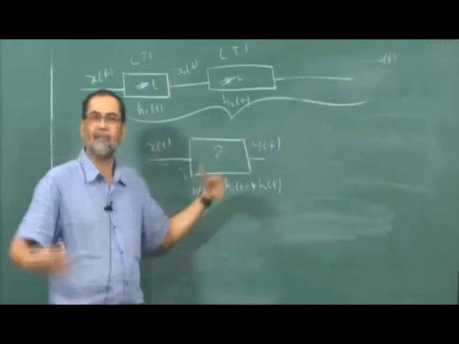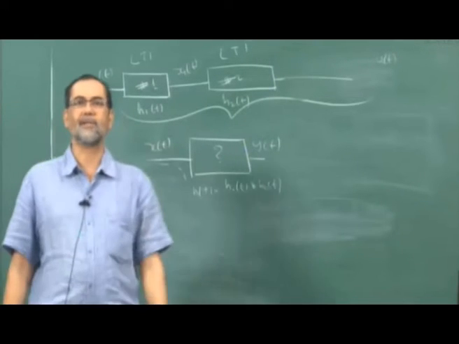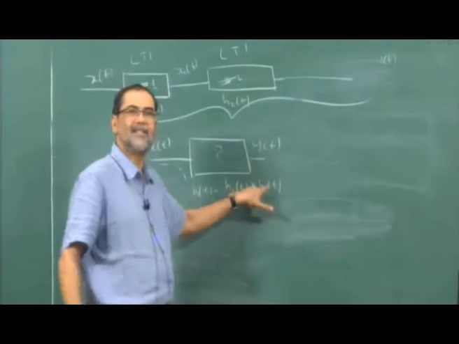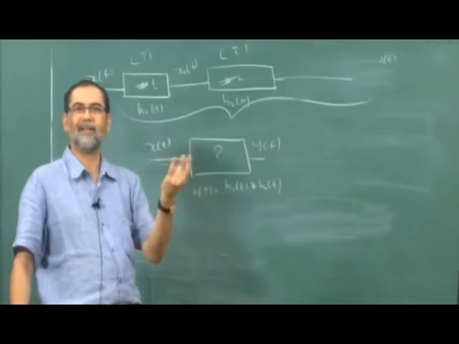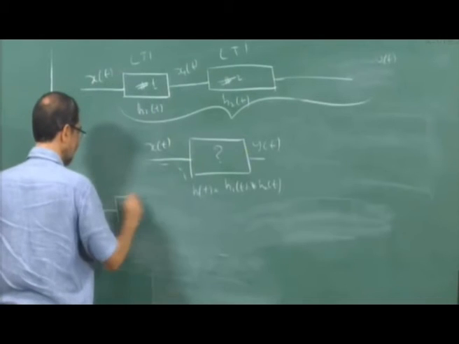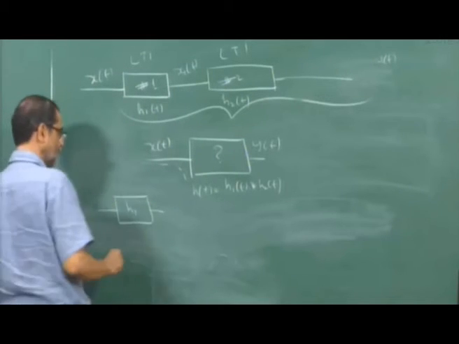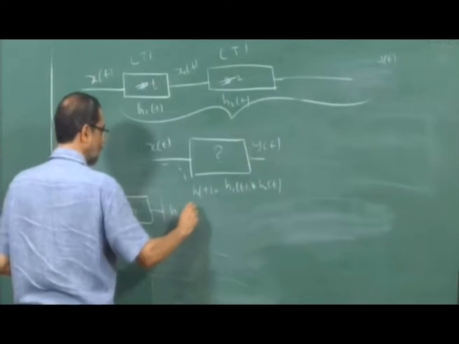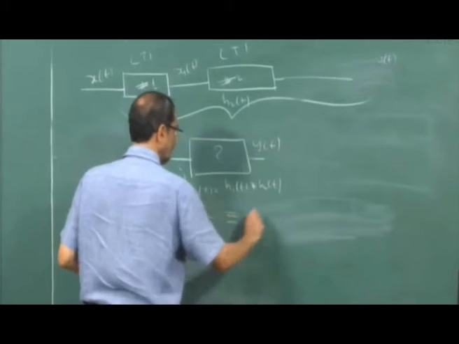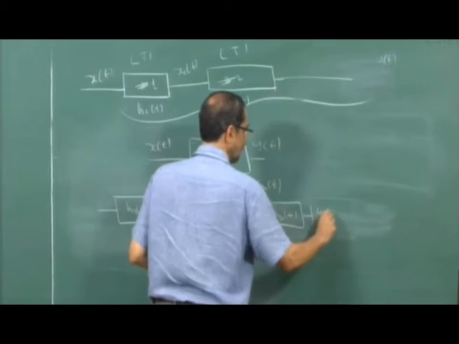This and this are joined together and give me a joint system H of t. And because convolution is a commutative operation, for LTI systems this means an interesting result. If I first send it through a system with impulse response H1 and the output of that goes through H2, this is identical to first sending it through H2 and then sending it to H1.